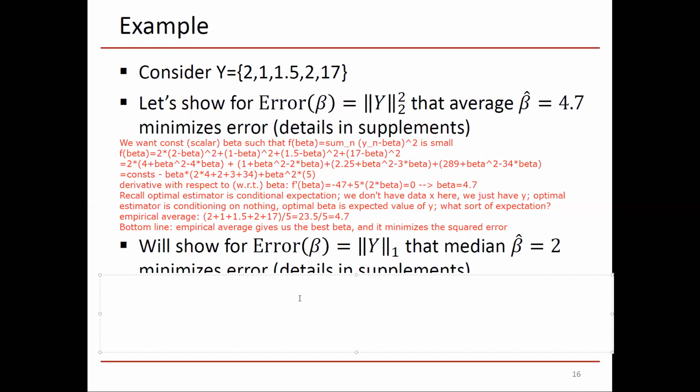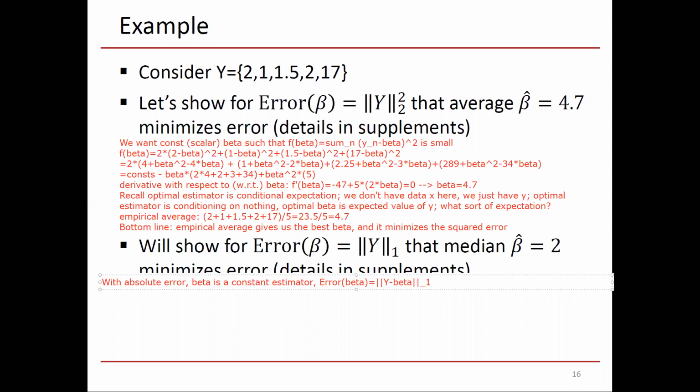So with absolute error as a function of beta, again, beta is a constant estimator, and error as a function of beta is the L1 norm of Y minus beta. What's the L1 norm?